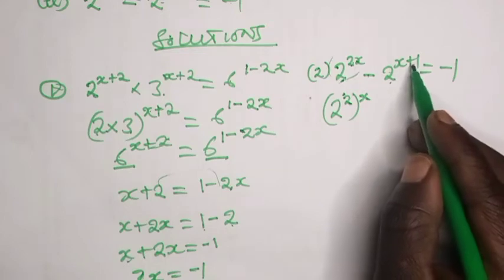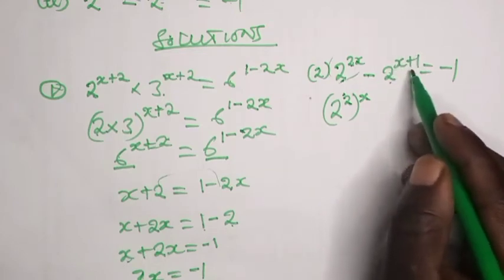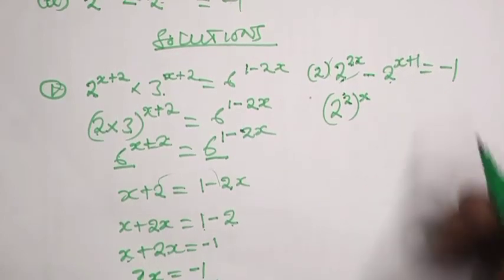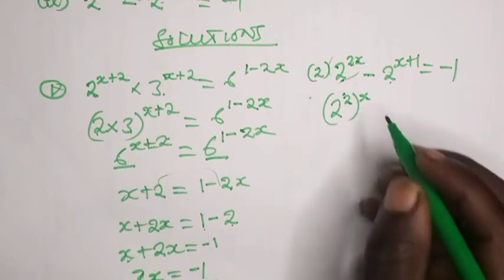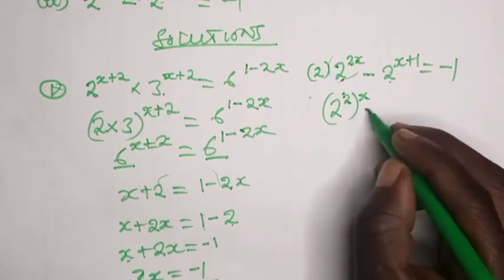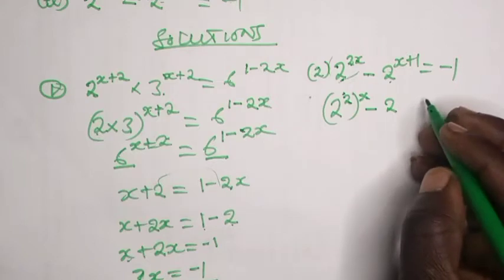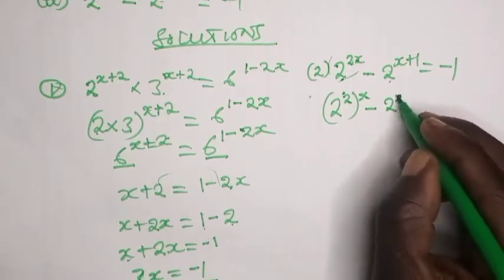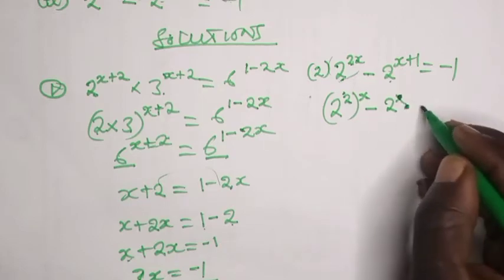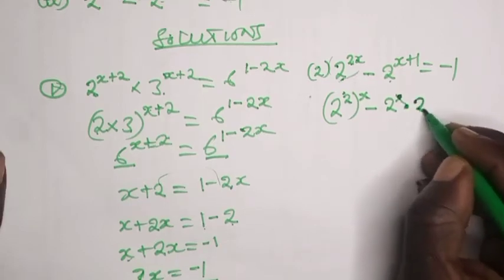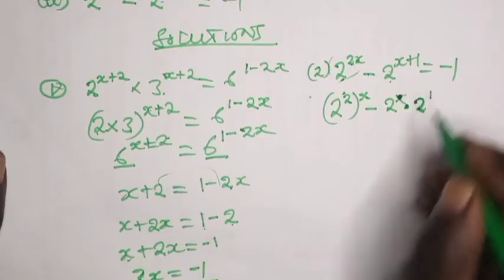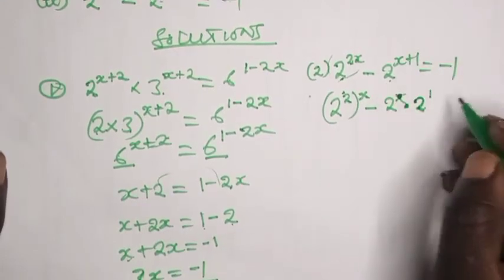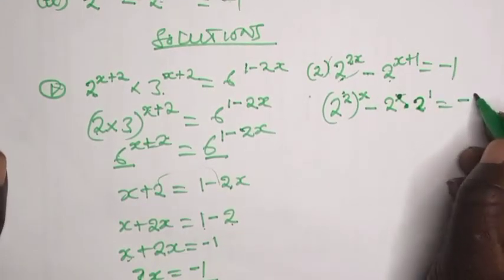Then here, I think there was a division. If we have 2 power x times 2, because here it is power 1, that's where this one comes from. It will be minus 2 power x plus 1 here.